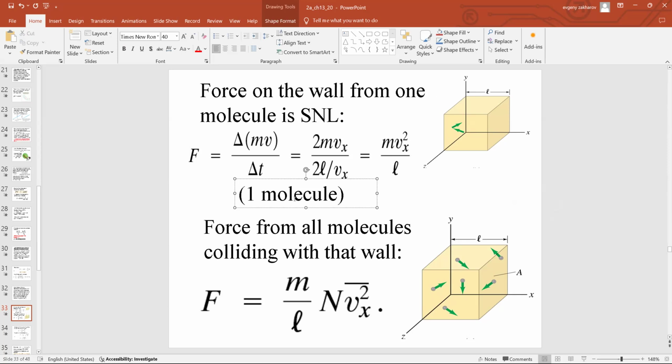And of course, we have more than one molecule, so on average, let's just use an average velocity, not just a certain velocity for one molecule. If this much comes from one molecule, then multiplying by capital N, the number of molecules, you get the total force from all the molecules that hit the wall in a certain interval of time.